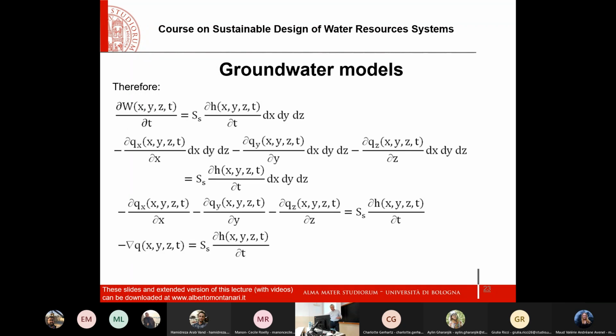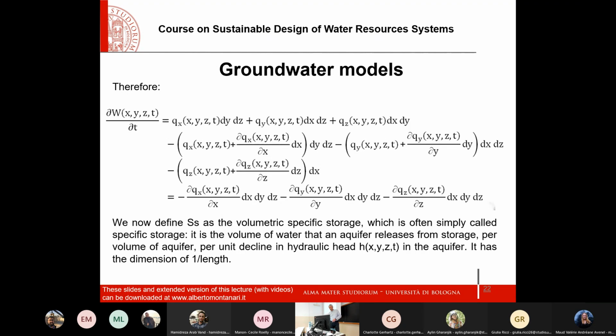So what we can say is that through the volumetric specific storage, we can express these specific flows in terms of volumetric specific storage and hydraulic depth. What is the purpose? The purpose is now to introduce in this equation the variable hydraulic depth, because it's what I can measure in wells.